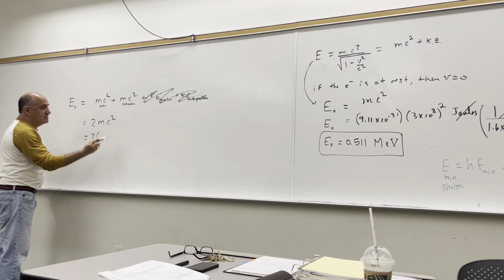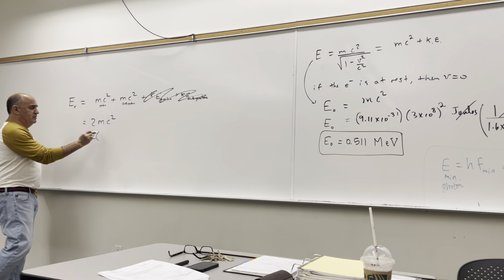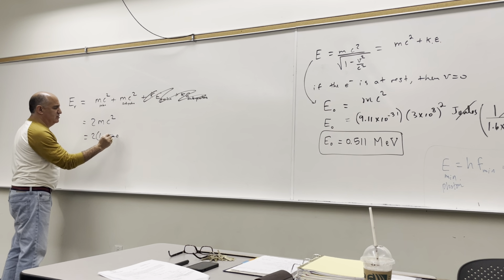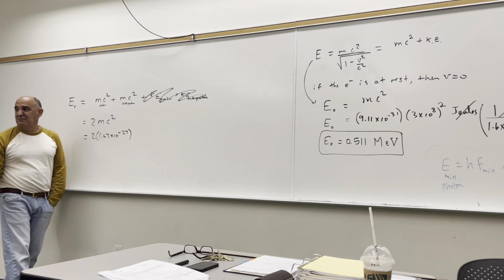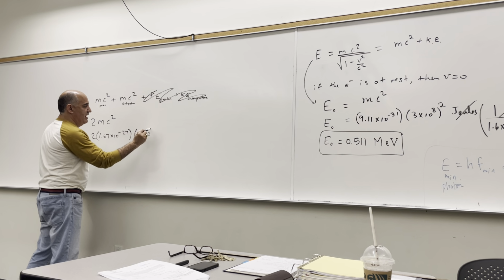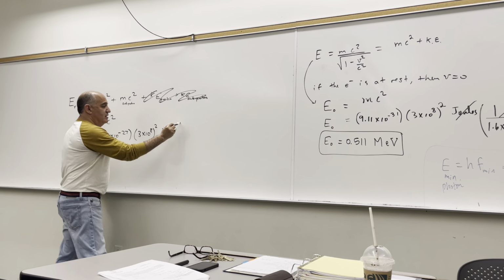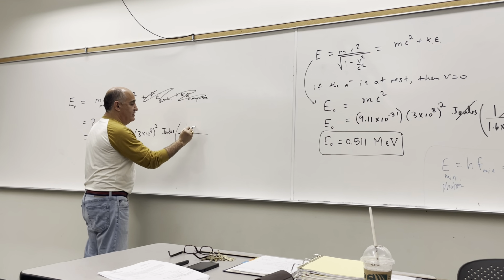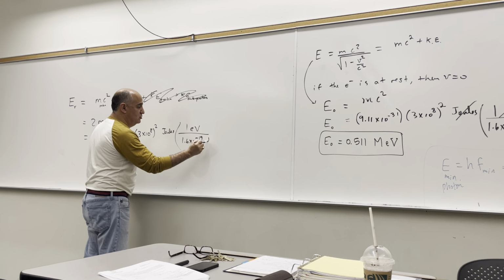So then you look up what is the mass of a proton. What is it? 1.67 times 10 to the minus 27? I think, I have to look it up, but maybe one of you can Google it. And then this is 3 times 10 to the 8th, and we have to square that. But this will be in joules, right? And 1 electron volt is 1.6 times 10 to the minus 19 joules.